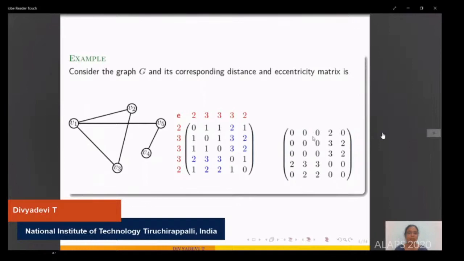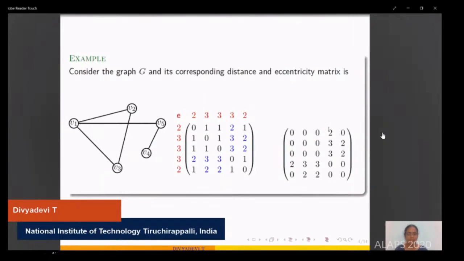So the 1,3 entry in the eccentricity matrix is 0. Whereas look at the 1,4 entry. The eccentricity of V1 is 2, the eccentricity of V4 is 3, the minimum is 2, which is equal to the distance between V1 and V4. So the 1,4 entry is retained. Like that, we can obtain the eccentricity matrix.